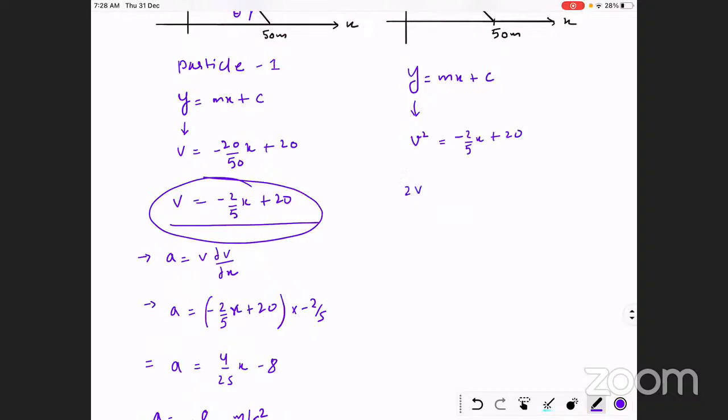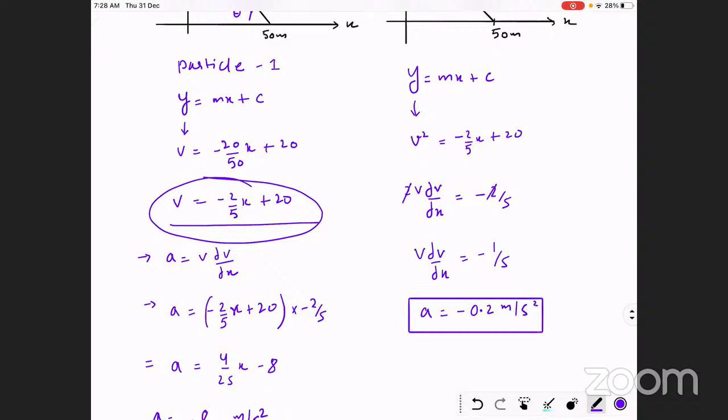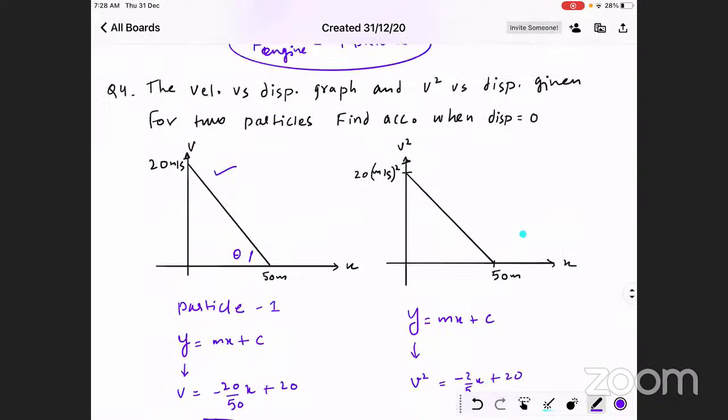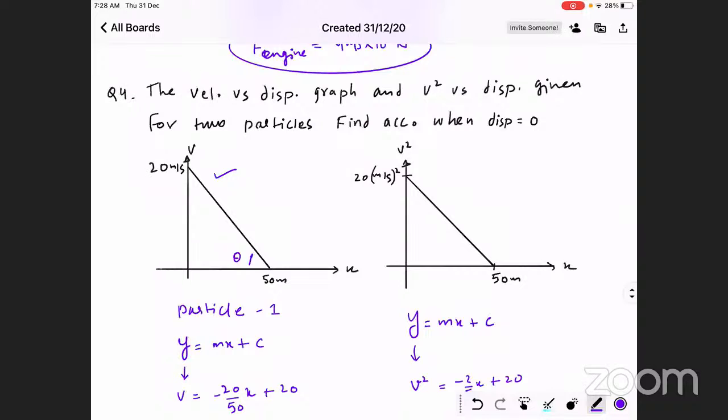You will get 2v dv by dx. लो एक बार में ही आ गया. Minus 2 by 5. 2 got cancelled. You got v dv by dx as minus 1 by 5. Means a is equal to minus 0.2 meter per second square. Understood? Shreya, understood?